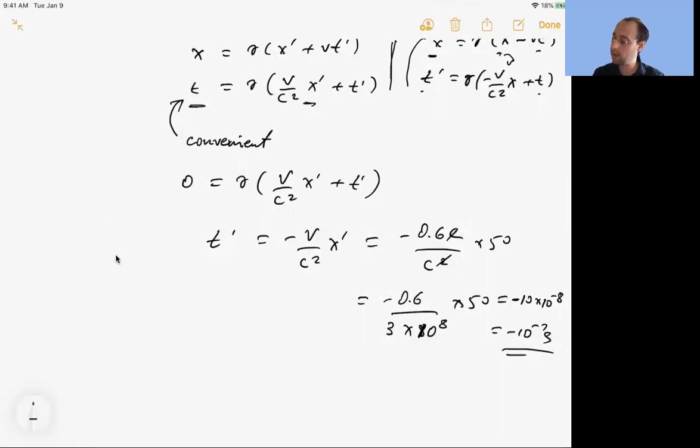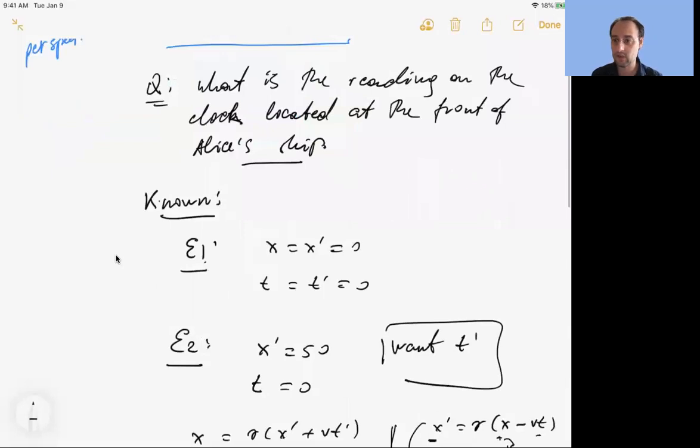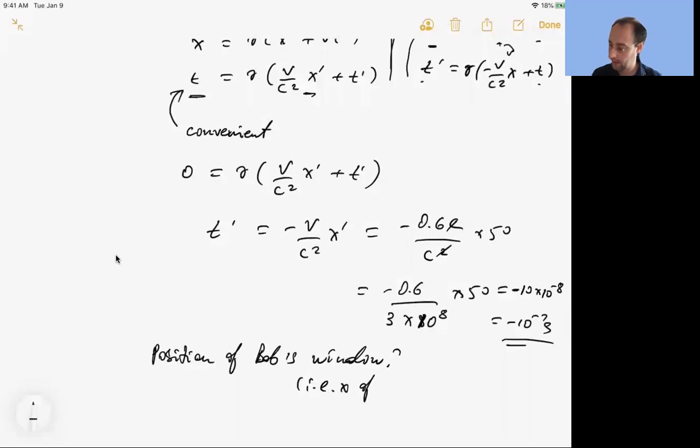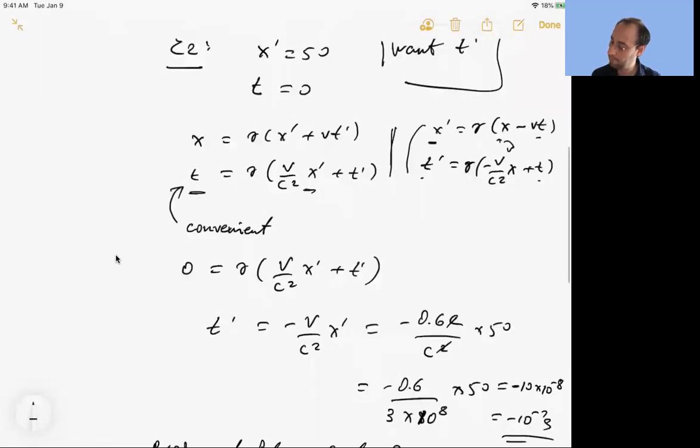Okay, so what about the position of Bob's window? Remember, we actually didn't even need that in order to answer the question right now. But we can try to find the position of Bob's window, i.e. x of event 2.